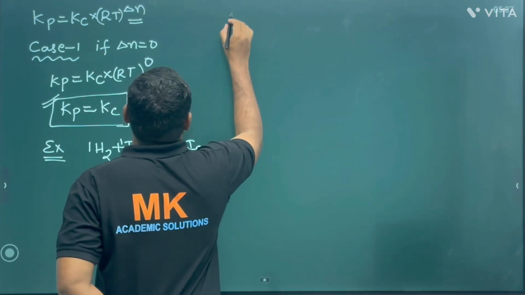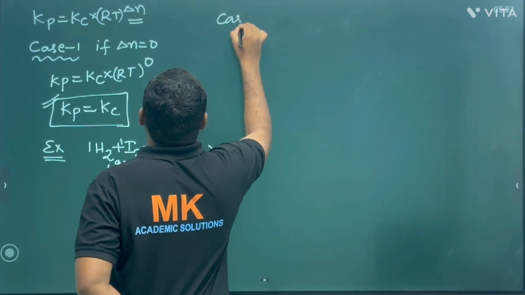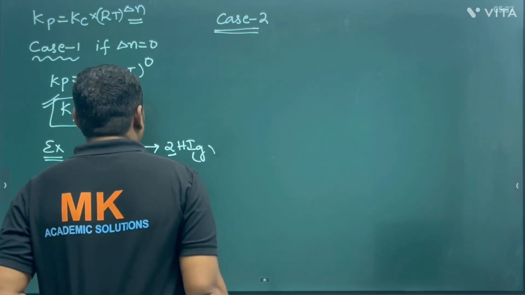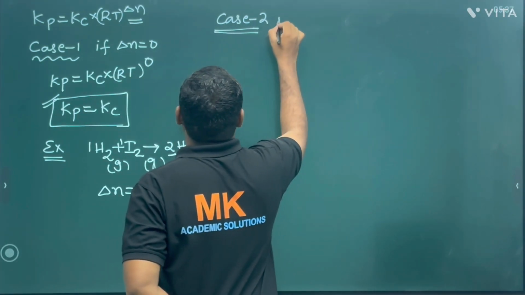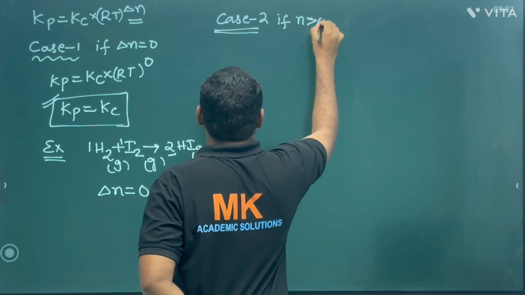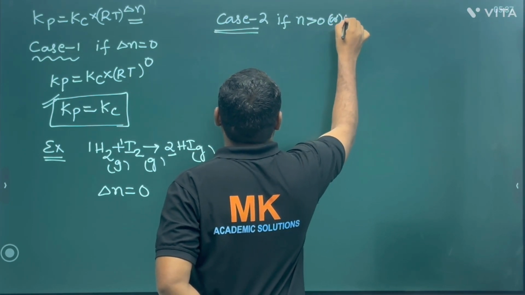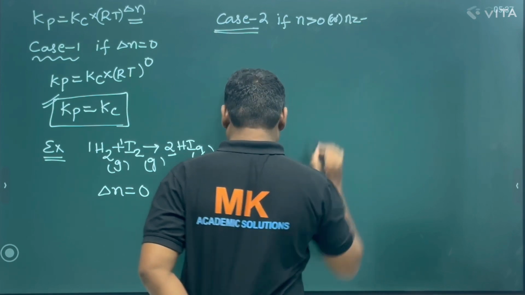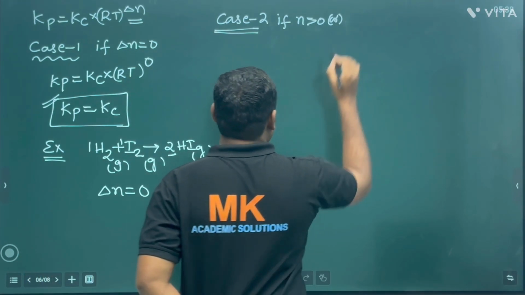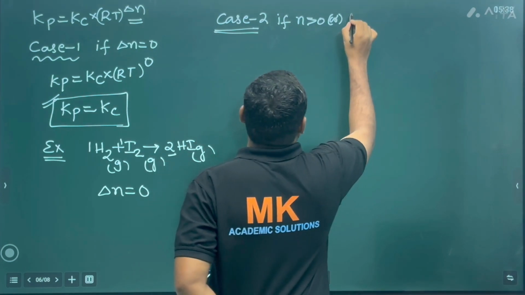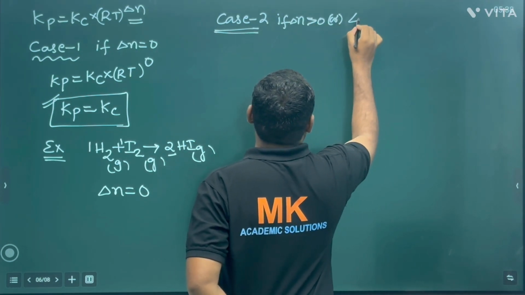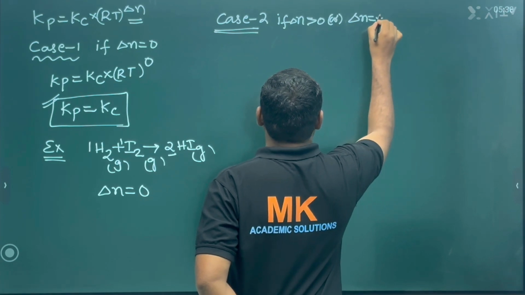Next, case 2. So, what is case 2? If delta n is greater than 0, or delta n is positive.